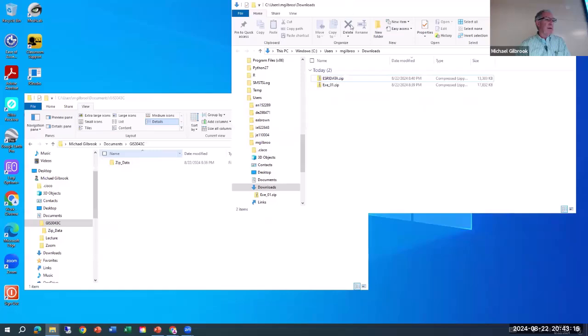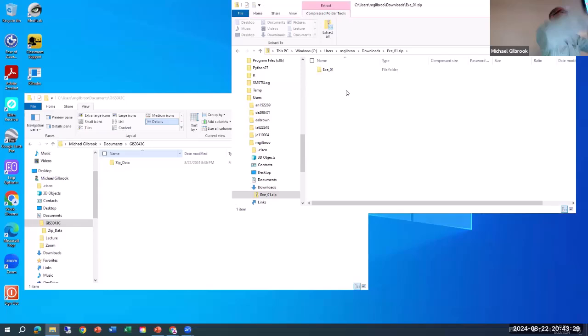Everybody got that? So the easiest way to extract something from a zip file is as follows. There are about 14 ways to do this. This is the easiest way. Double click on this file called exercise1.zip. That gets you inside the zip file. This is what's inside the zip file. There's another folder called exercise1. Click and hold on that, then drag it and drop it into the GIS folder.